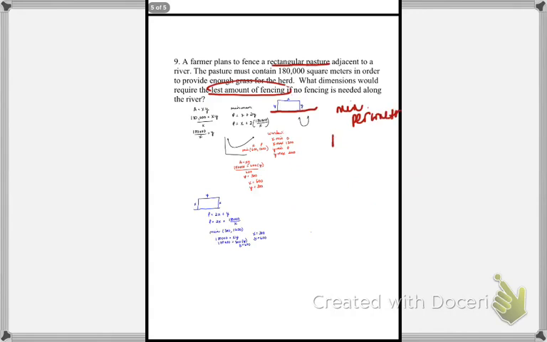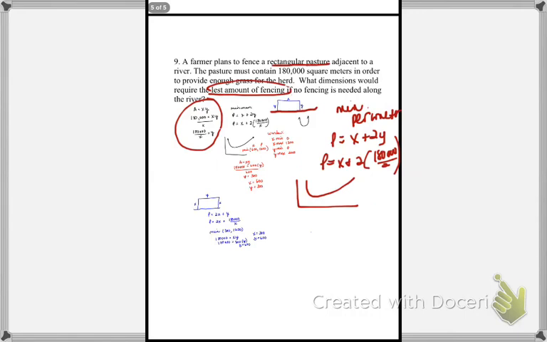And in this case, my perimeter is x plus 2y. So they give you what your area is, convert it to the y, and substitute it in. You notice that these numbers are large. So when you're minimizing, you're looking for your minimum point.